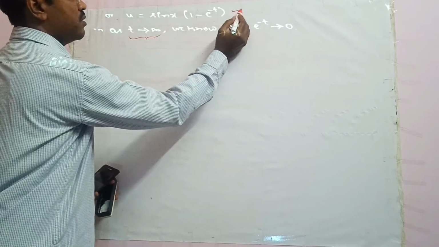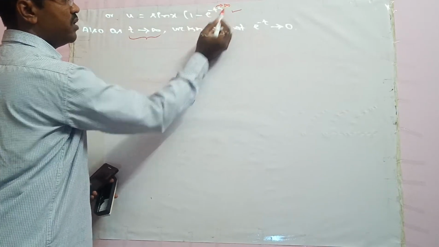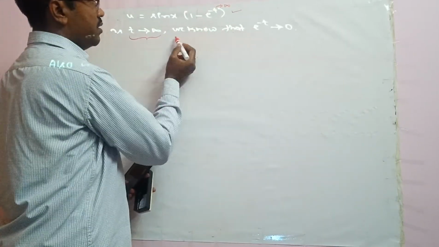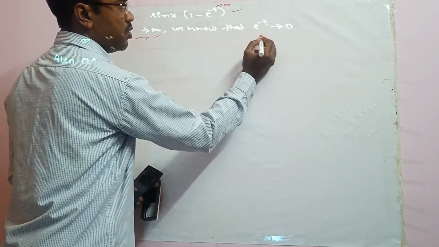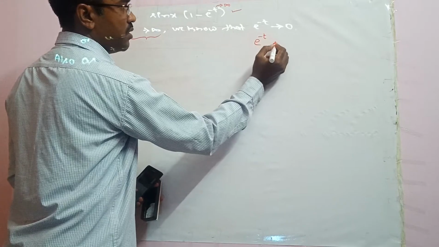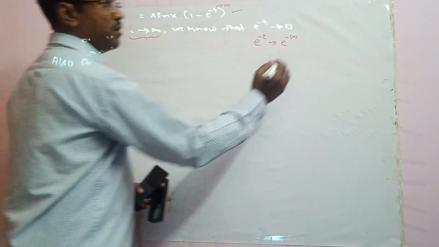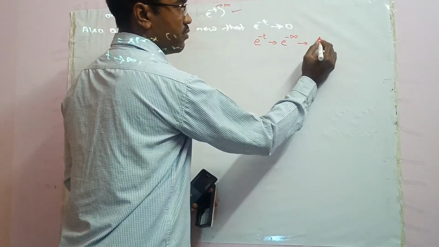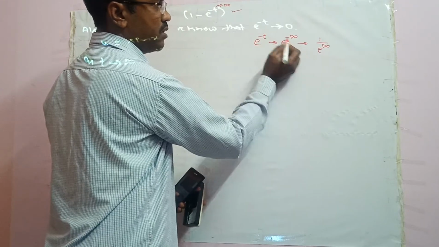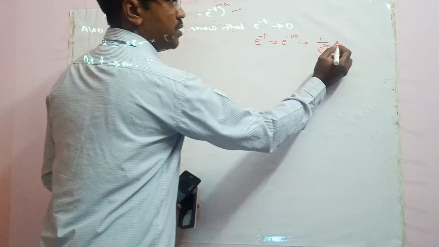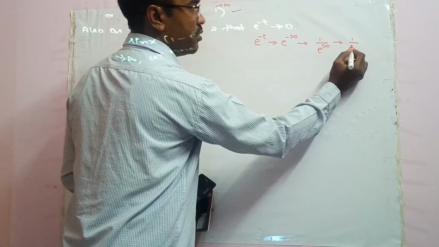In this solution, if t is tending to infinity, then e to the power minus t value is tending to 0, because e to the power minus t, if you replace it as e to the power minus infinity, you can write it as 1 divided by e to the power infinity. Because of this minus, you can take the reciprocal.